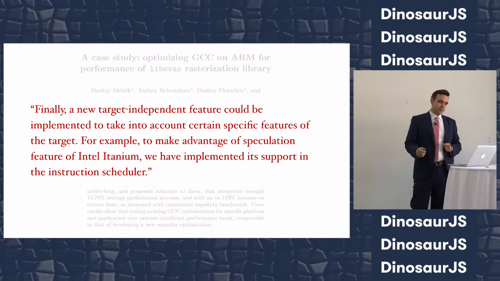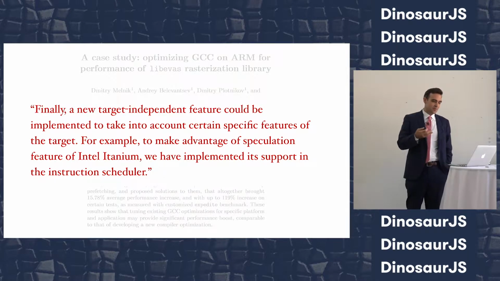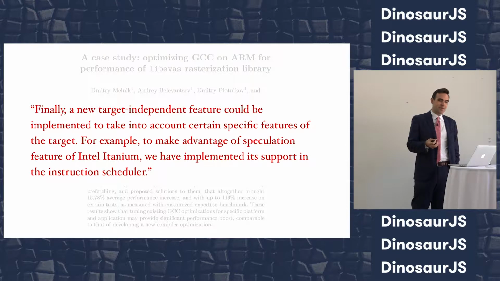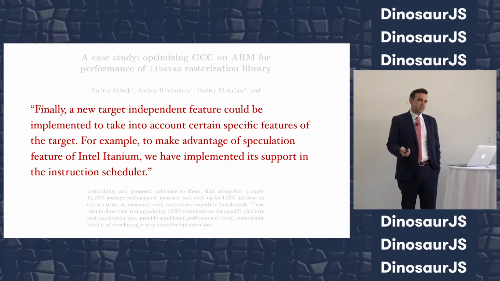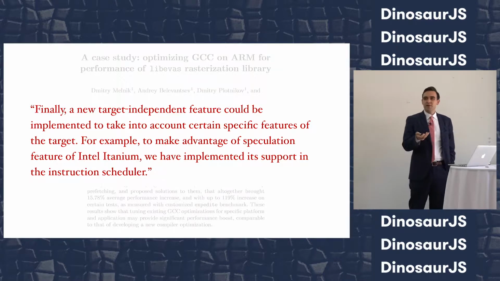And they said, "Finally, a new target-independent feature could be implemented to take into account certain specific features of the target. For example, to make advantage of speculation feature of Intel Itanium, which of course is dating the paper a little bit here, we have implemented its support in the instruction scheduler." So basically what they're saying is, based on the target, you can write certain optimizations that you wouldn't expect every developer to know by hand.